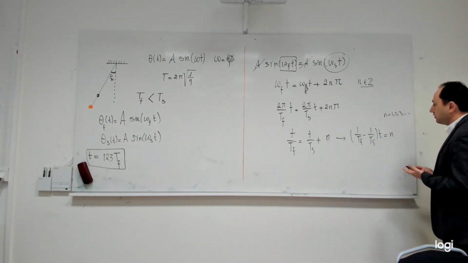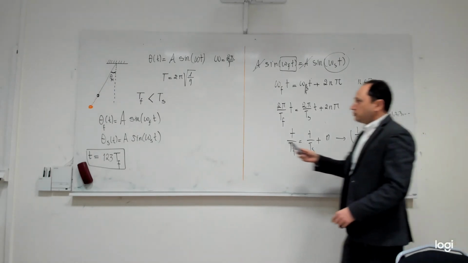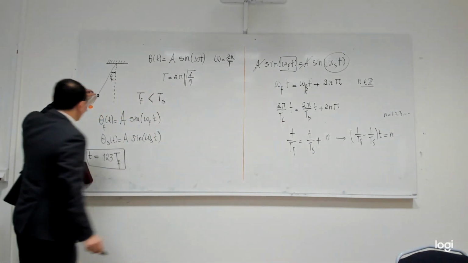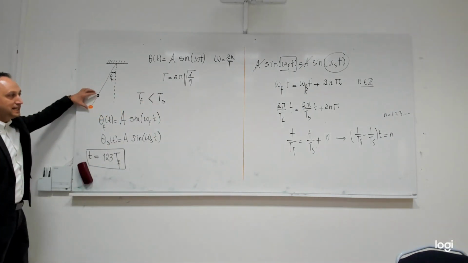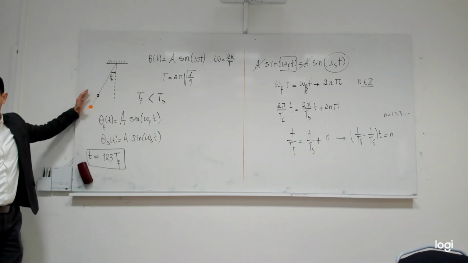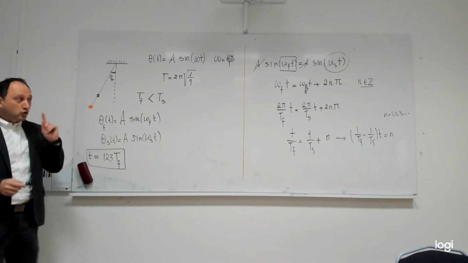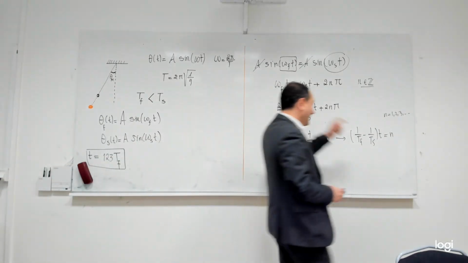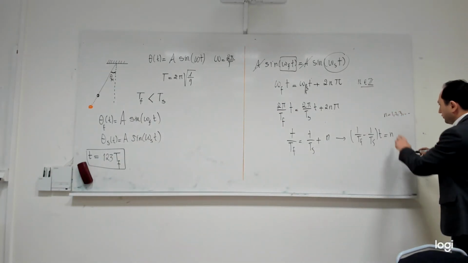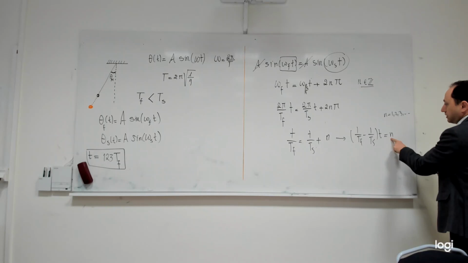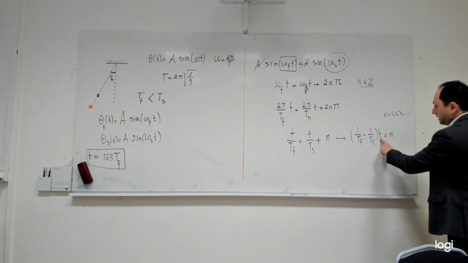What is the meaning of that? It means that these two pendulums start from the same point at infinitely many times. Yes? Not only at this time, but for the first time, it happens that this is for the first time. If I put n equals 1 and calculate t from here, this is happening for the first time.